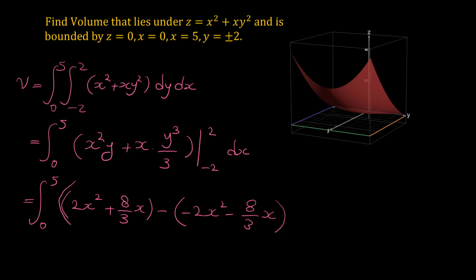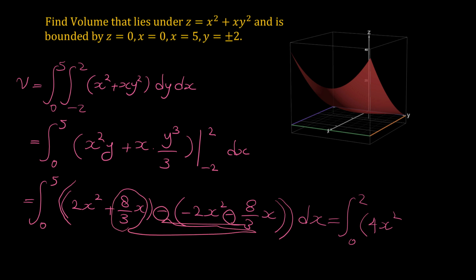All of this in a bracket dx. 2x squared plus 2x squared, minus times minus is plus, is 4x squared. So this equals the integral from 0 to 5 of 4x squared, and 8 over 3 x plus 8 over 3 x is 16 over 3 x. So we have 16 over 3 x dx.